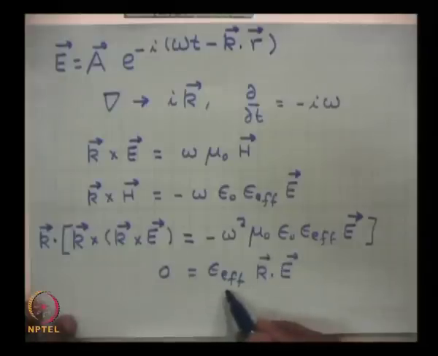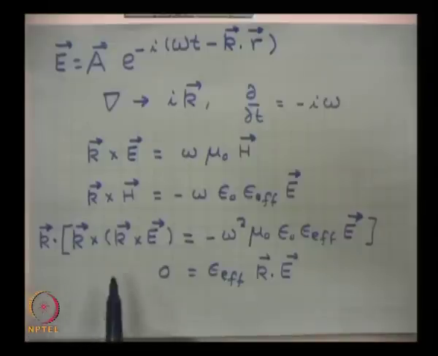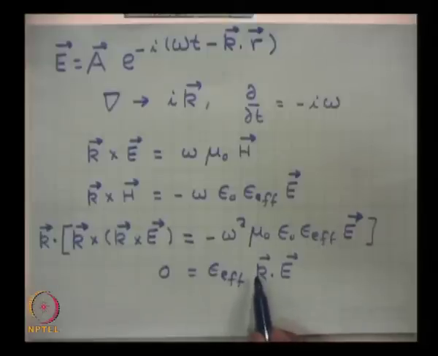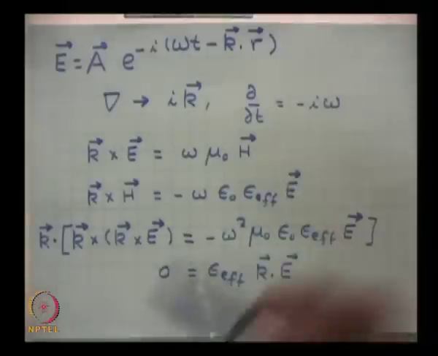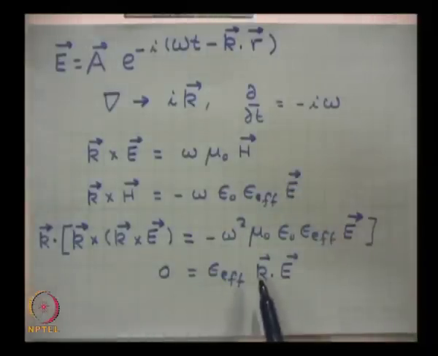So, either this should be 0 or this should be 0. One simple consequence of this equation is that my solution given above will satisfy these equations only when either k dot E is 0 or epsilon effective is 0.